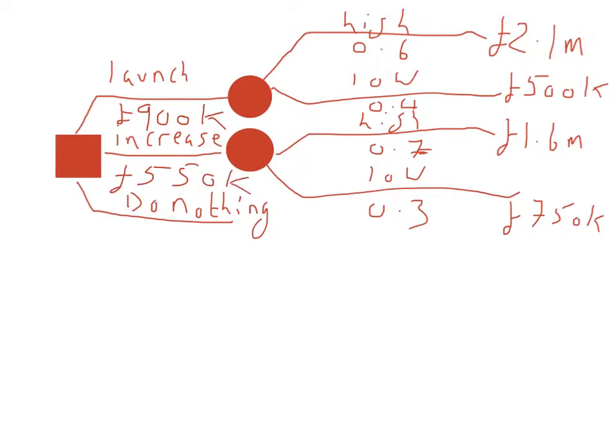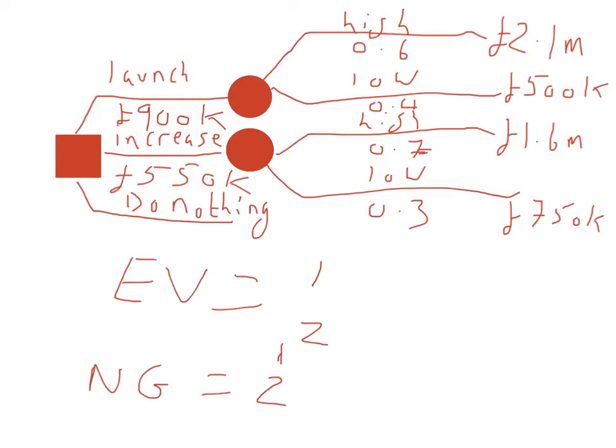So now that you have the information regarding the revenue, the probabilities and the costs, I would like you to have a go at calculating for me, please, the expected value for both options, so that's 1 and 2, and also the net gain for both options.